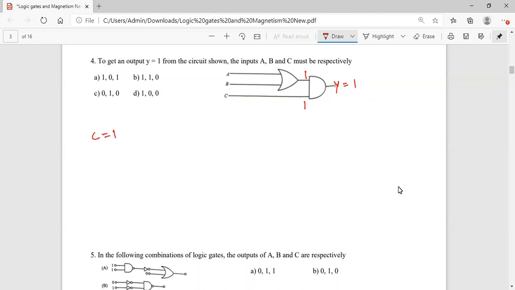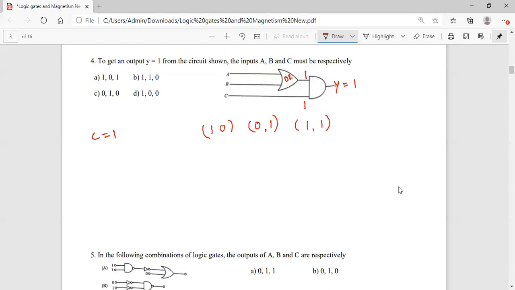Next, this is an OR gate, and here the output of the OR gate is 1. In case of an OR gate, output is high if any one of the inputs is high. So there are three possibilities: 1, 0; 0, 1; or 1, 1.